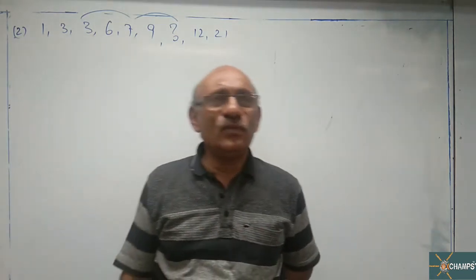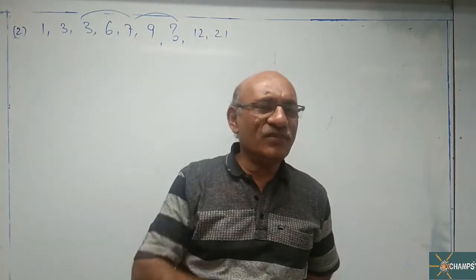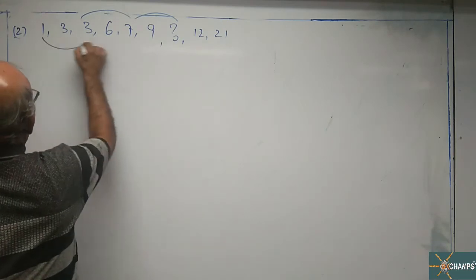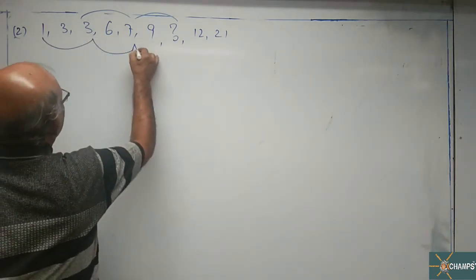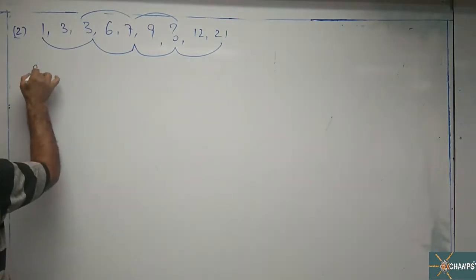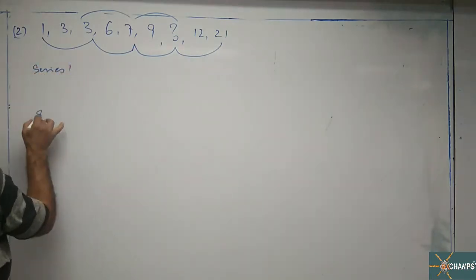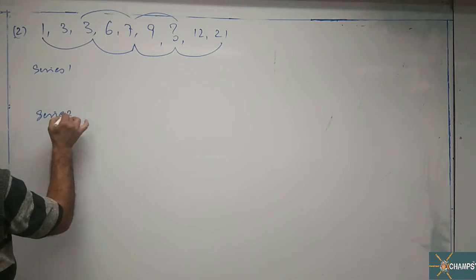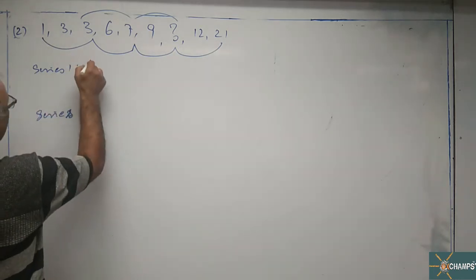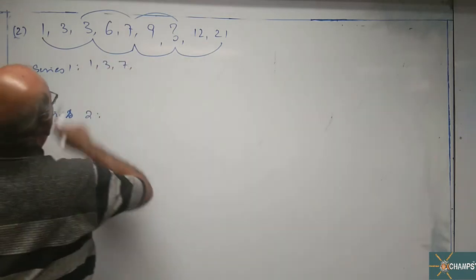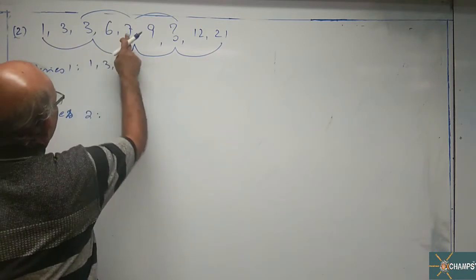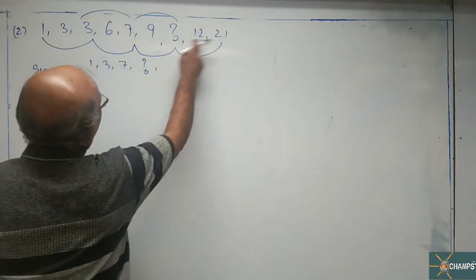Then what will I do? Let me split up the series into two parts. Series 1, series 2. Series 1 means terms which are at odd places: 1, 3, 7, question mark, then 21.